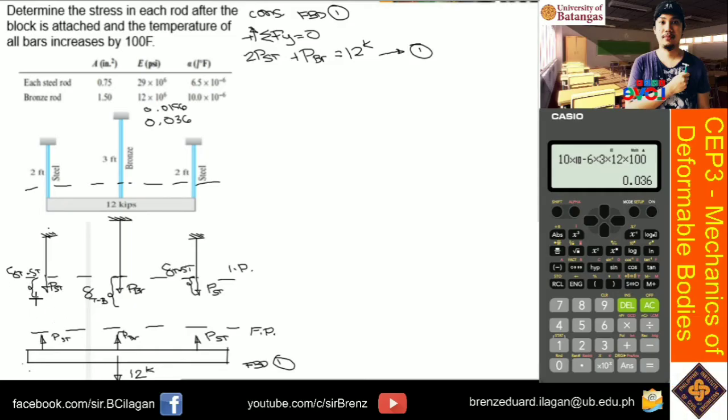Okay, next. So again, meron pa tayong applied load P. So ibig sabihin, para mag-reach siya dito sa final position na to, ito will be the deformation due to the load, or the actual load P, for the steel. And for this one, ito will be yung deformation due to the load P for the bronze. So ito kapareho lang sa isa.